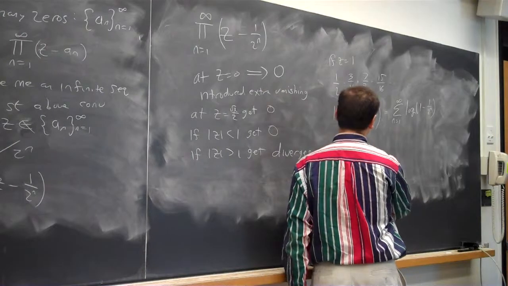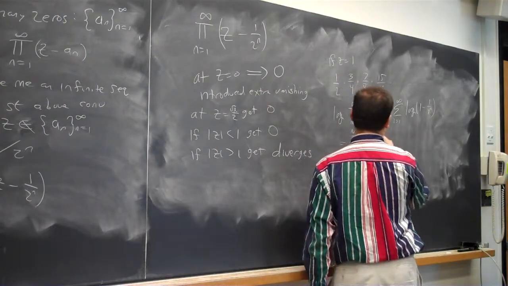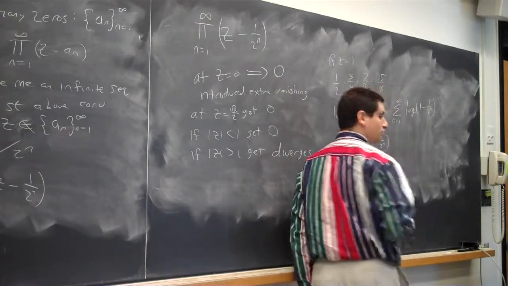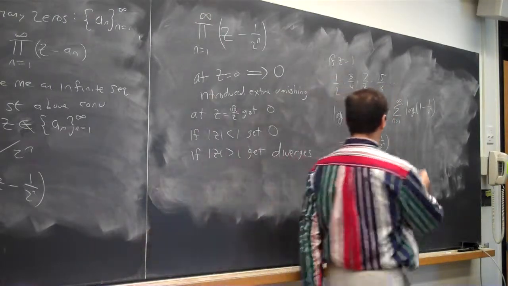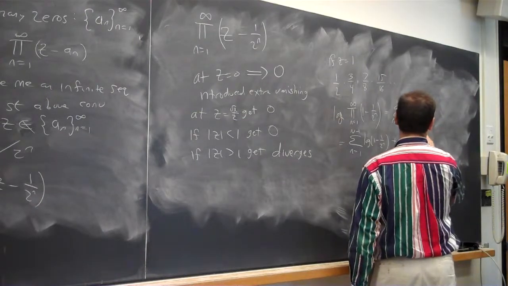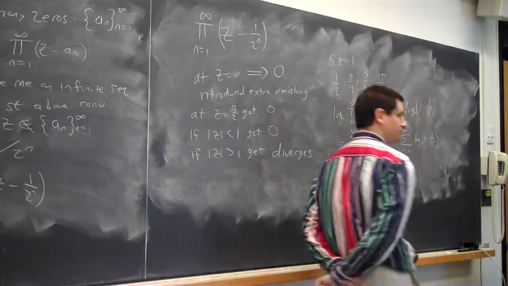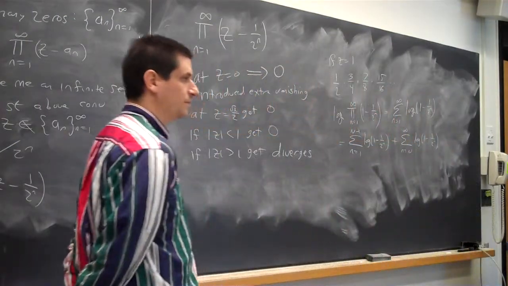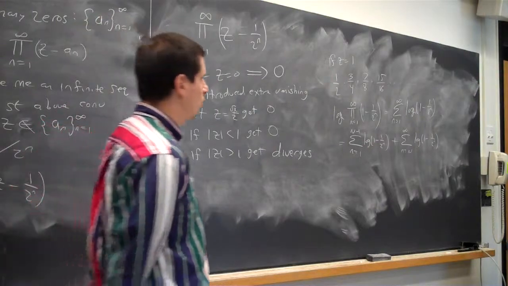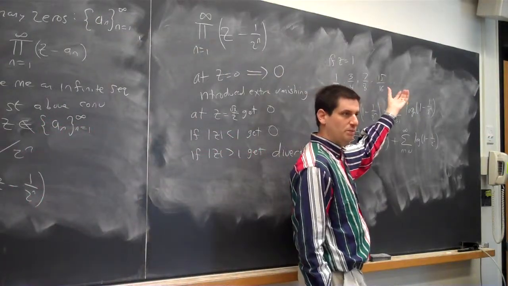I can break it into two parts. The sum, n goes from 1 to big N minus 1, of the log of 1 minus 1 over 2 to the n, and that's going to be just some number, plus a sum, n goes from big N to infinity, of the log of 1 minus 1 over 2 to the n. So the only danger I have is if this product is 0, I'm upset.